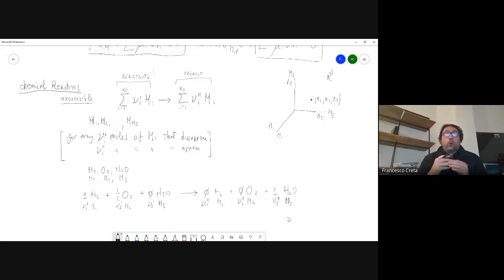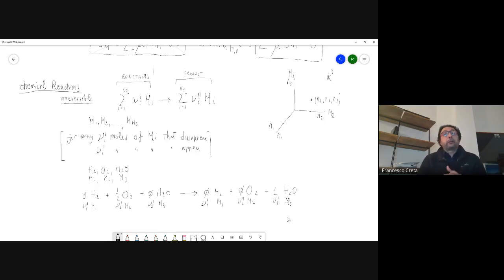Now, what chemical reactions really are, there are constraints on the way this composition can move around in this space. Because really, if I start taking this point and moving it around anywhere, what I'm doing is violating the conservation of atoms, okay?